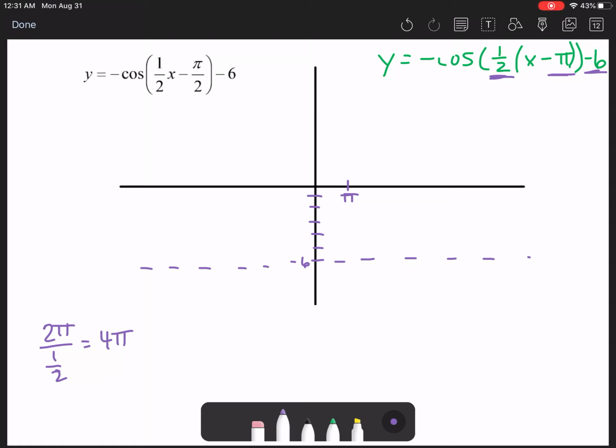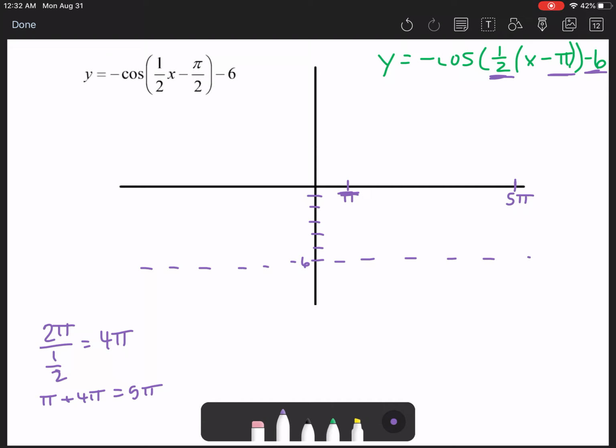So this means I'm starting at pi, and I want to go a distance of 4 pi. So we start at pi, we add 4 pi to that, so that means we're going to end at 5 pi. So over here at 5 pi is where we're going to end. Then we want to divide this into fourths.